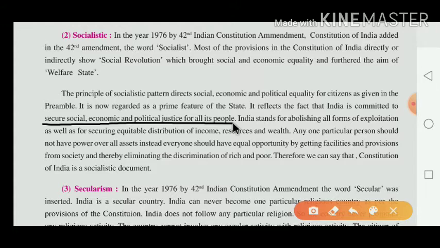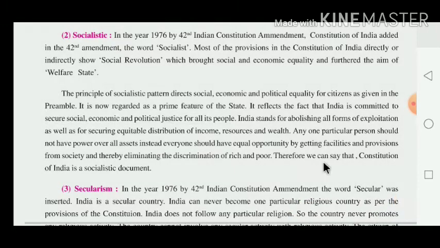It means all the people are the same in front of the law. India stands for abolishing all forms of exploitation as well as securing equitable distribution of income, resources and wealth.